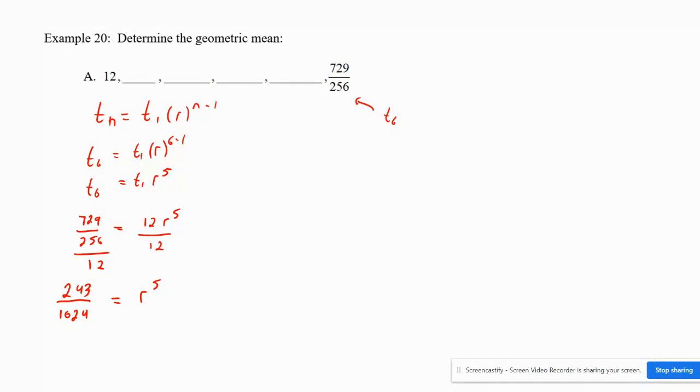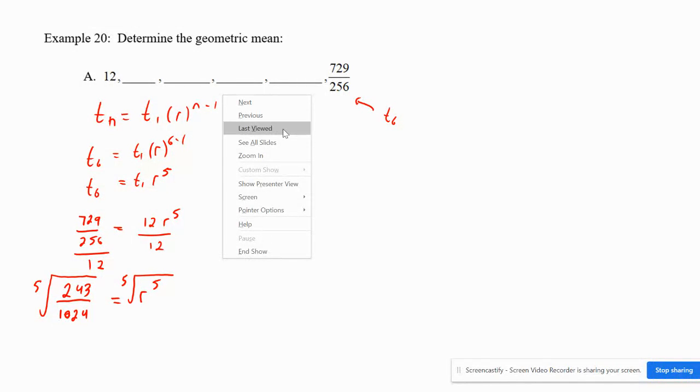And guys, I'm just using my math frac. This divided by this divided by this. Math frac gives me this number here. So 243 over 1024. The way we're going to get r here, guys, is we're going to take the 5th root of both sides of the equation here. I'll remind you how we do this on our calculator.